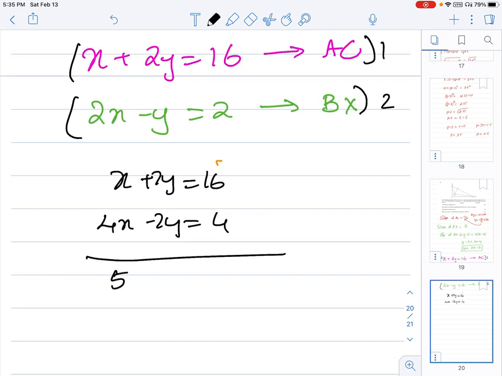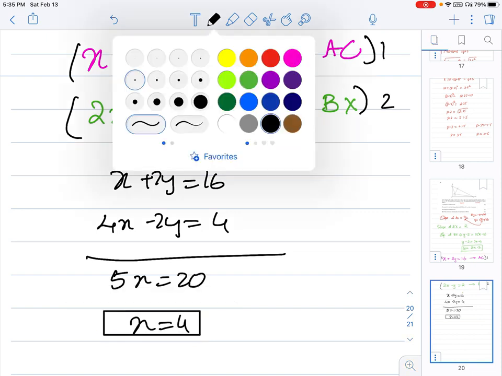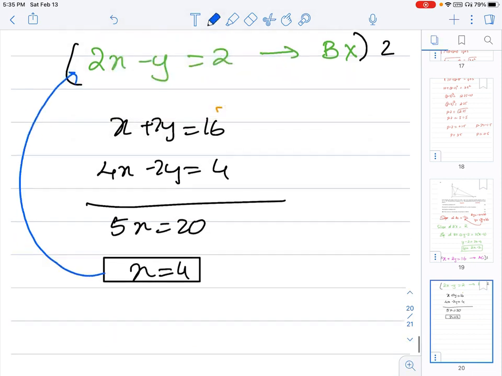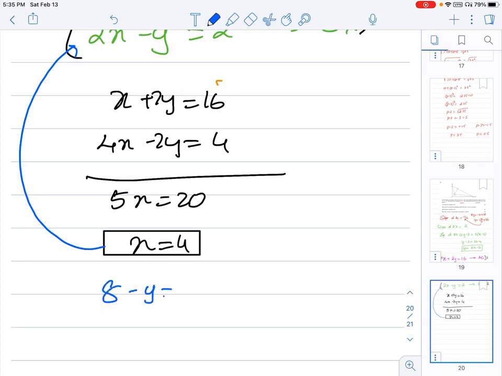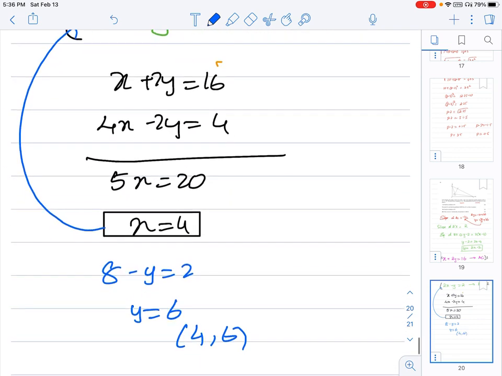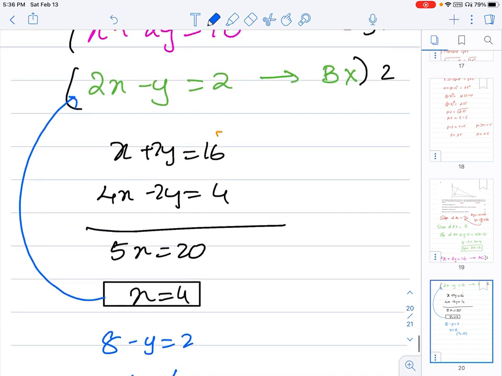So 5x is equal to 20, x is equal to 4. Once I get x is equal to 4, plug in x is equal to 4. 8 minus y is equal to 2, y is equal to 6. So the point is (4, 6). That is the answer for X, wherever they intersect.